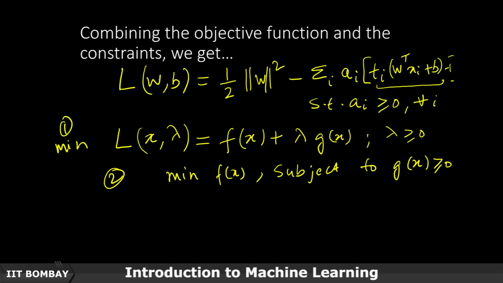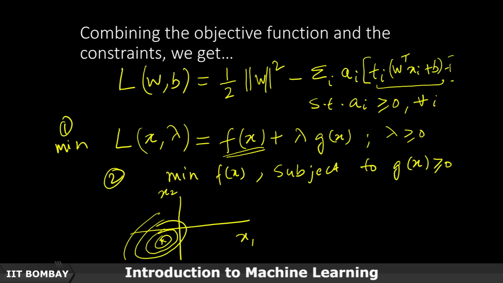So let's say we have an x space, this is x1, this is x2, and we look at f of x and plot its contours, the contours of equal value, and let's assume they look like this. What we want is g of x to be greater than or equal to 0.